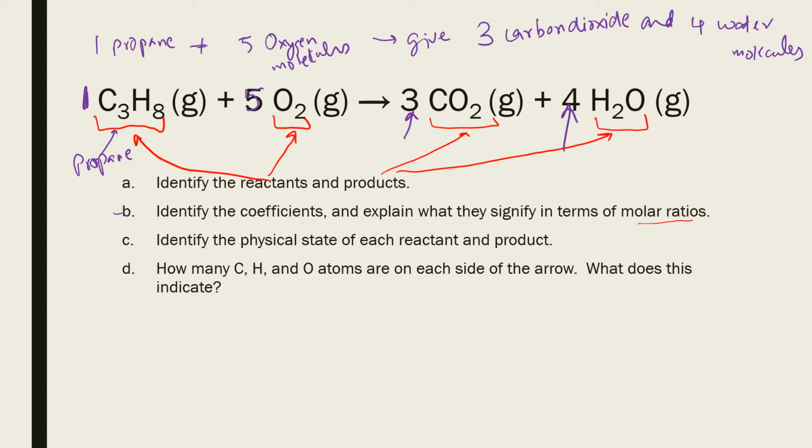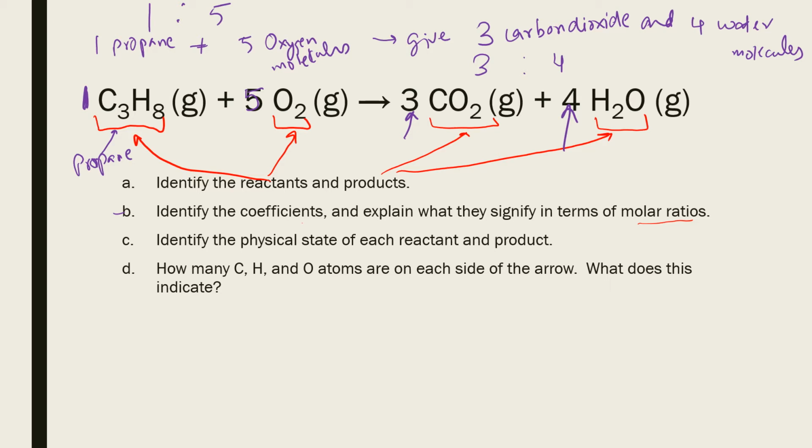In terms of ratio, the molar ratio between the reactants is 1:5, because 1 propane needs 5 oxygen, and the molar ratio of products is 3:4. So 3 carbon dioxide and 4 water molecules will form.